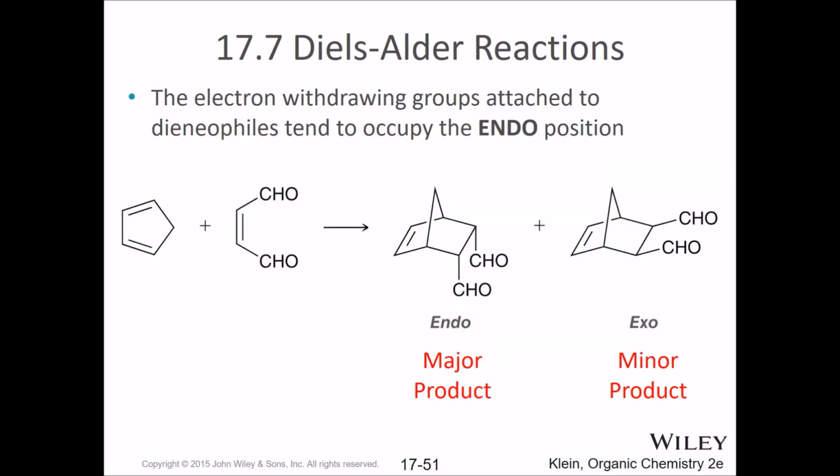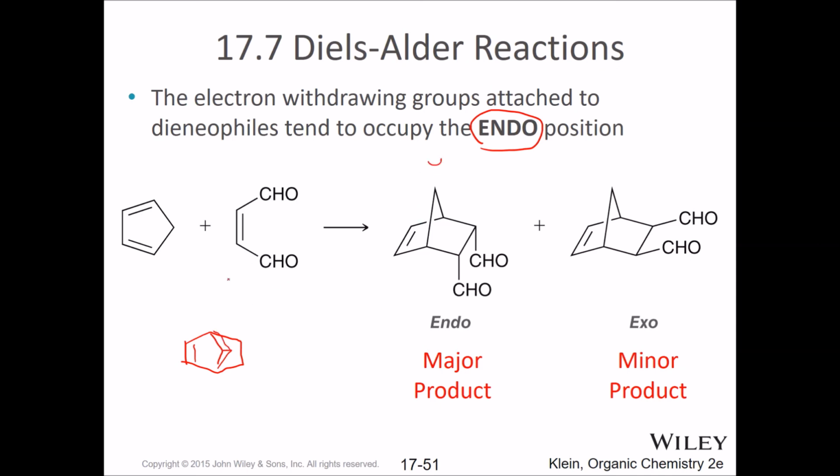All right, the electron withdrawing groups attached to the dienophile tend to occupy, watch this now, the endo position. So in that previous structure that we had, here were a couple of the products possible. So I hadn't drawn any like that for you. The way that I drew that, and this is probably better, right?